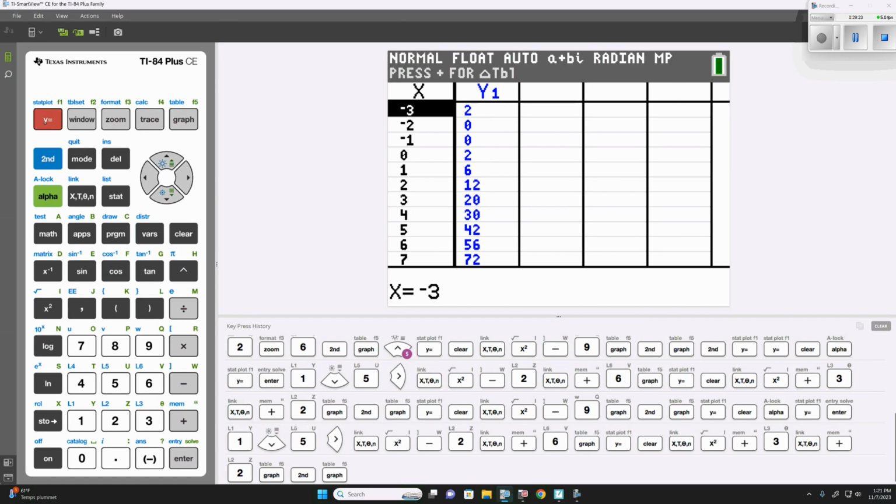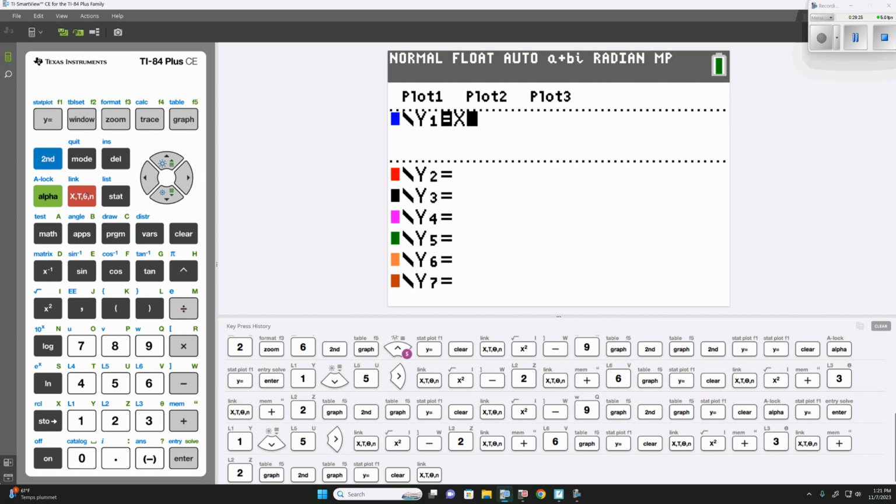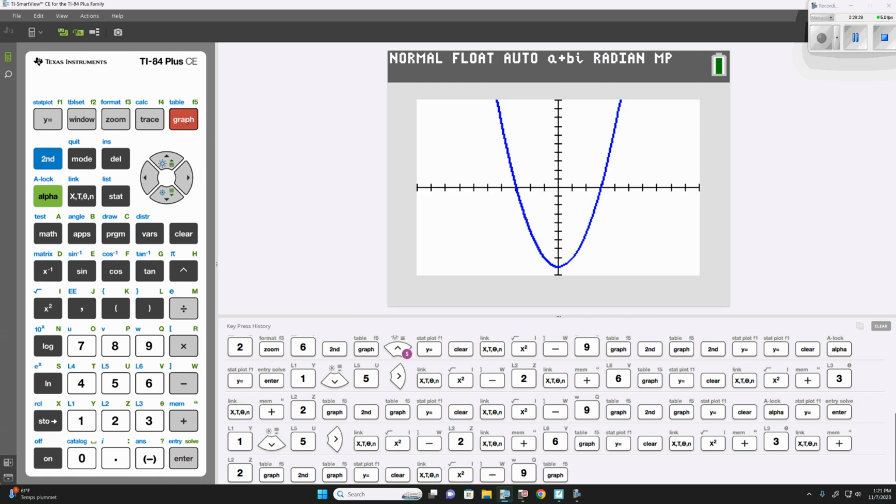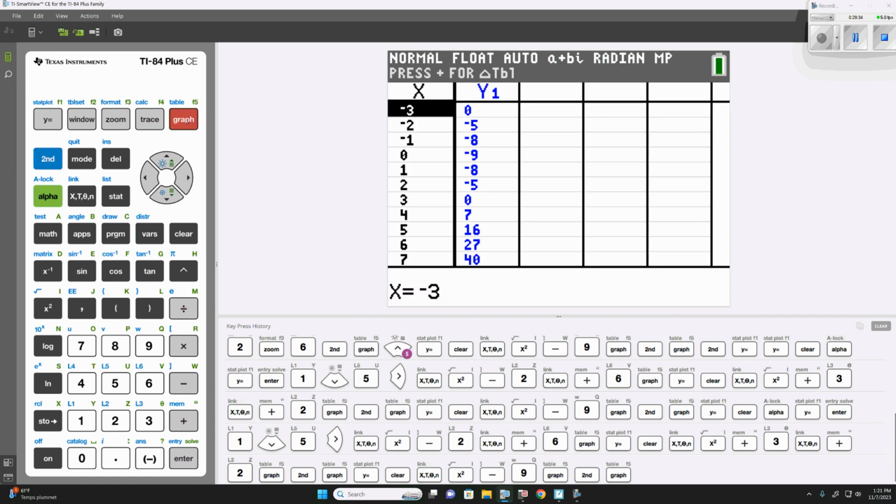That was the square root method. If we graphed it, we do see it crosses the x-axis in 2 places. One of them is negative 3, the other is 3. x is equal to plus or minus 3.